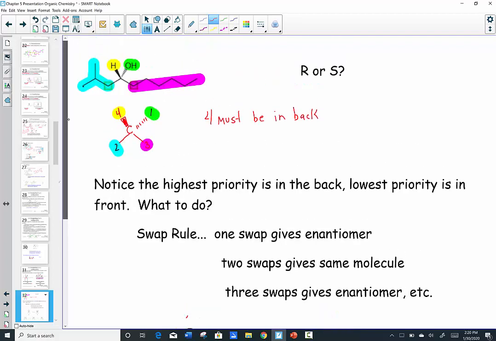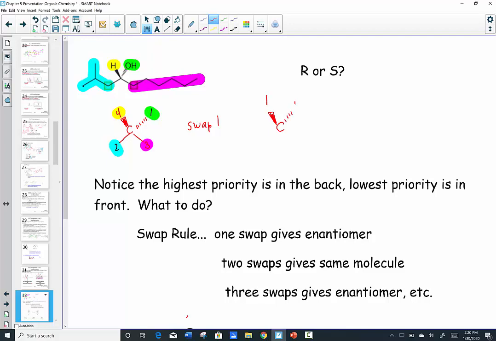Let me tell you what I'm saying by modeling up here. Keeping the color codes, I'm going to put back and I'm going to swap 1. What I mean by that is, let's swap priority 1 with 4. So now all of a sudden, priority 1 is going to become the wedge.